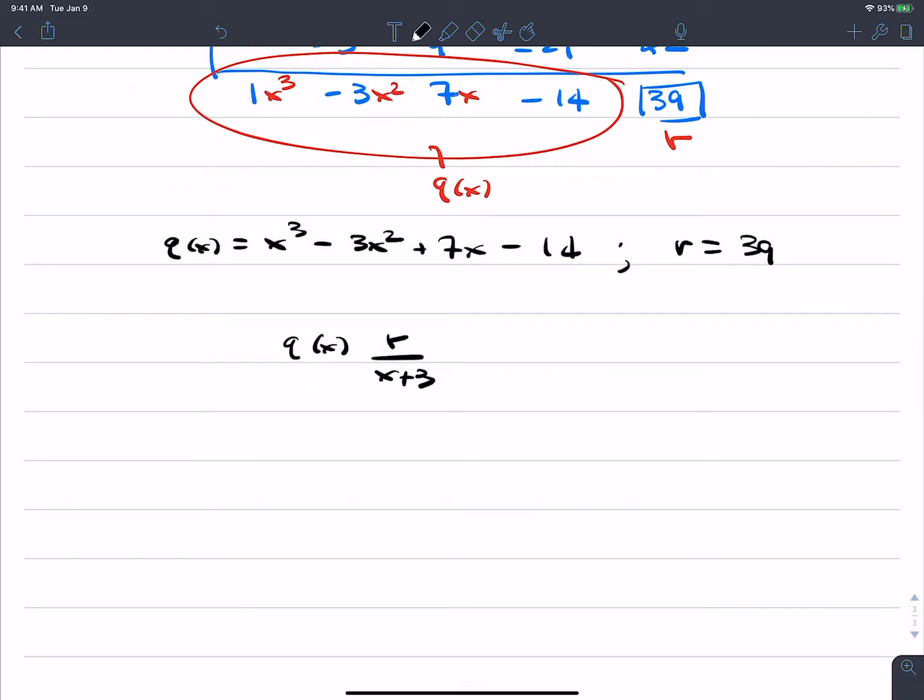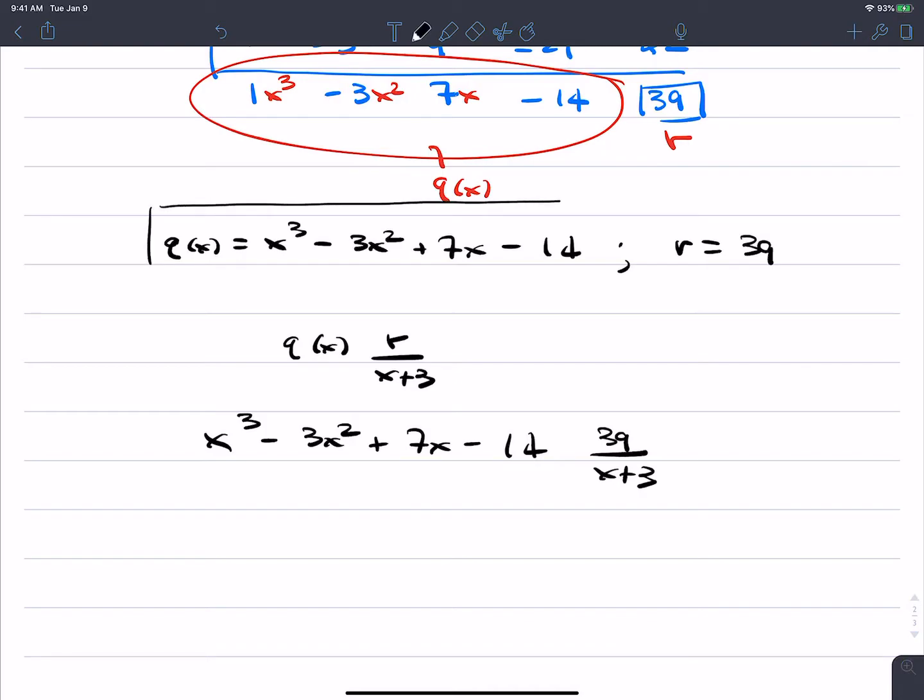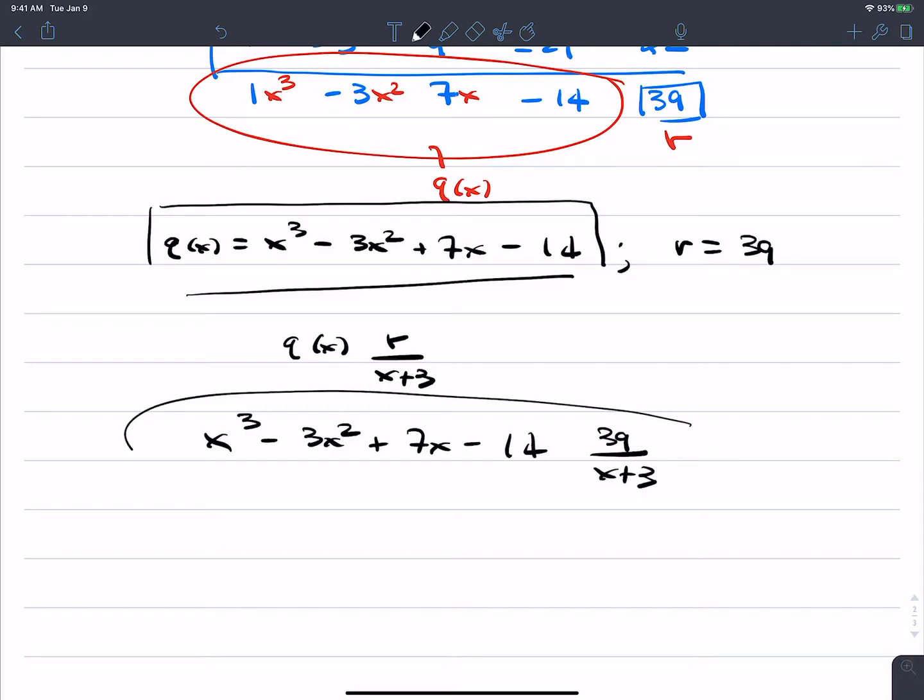So your final answer can look like a mixed number: the whole part, which is your polynomial, and the remainder part over that x plus 3. I would say at this point, you're good by just doing this. You perform synthetic division by the instructions, but if you wanted to go further and think about what this is, you can.